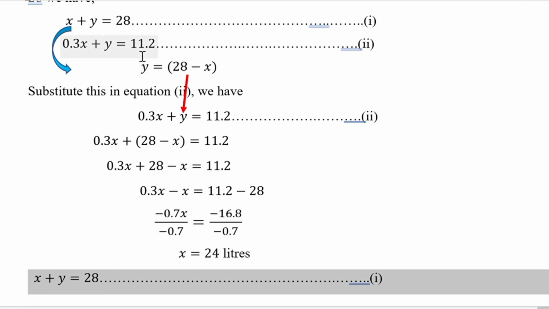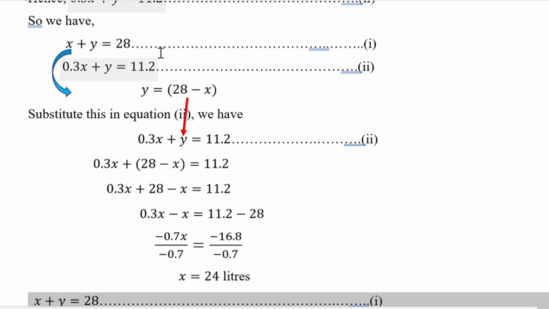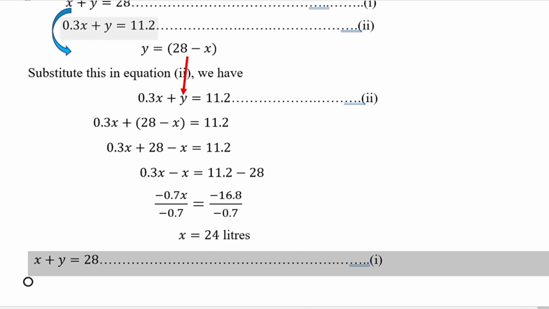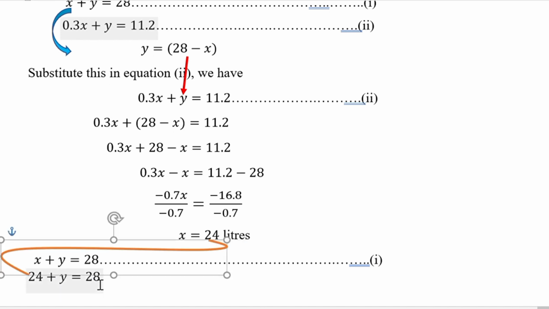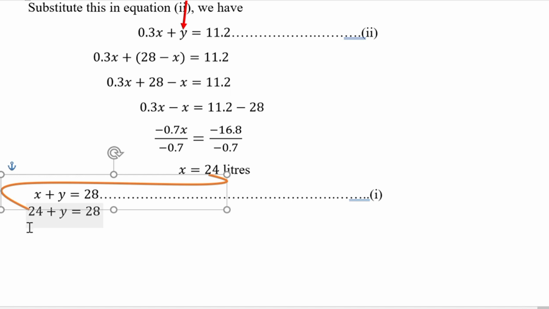take any of these equations, either equation 1 or 2, where you see X, replace it with the answer we have gotten for X. So I've decided to take equation 1, and then I substitute 24 here. So we shall have 24 plus Y is equal to 28. I've substituted 24 here, and then take 24 across the equal sign.